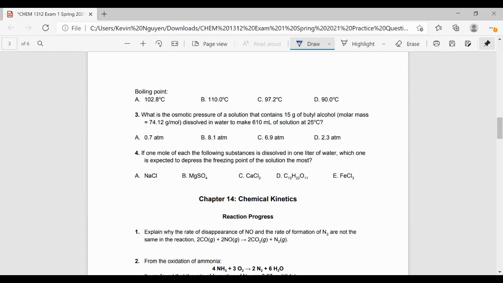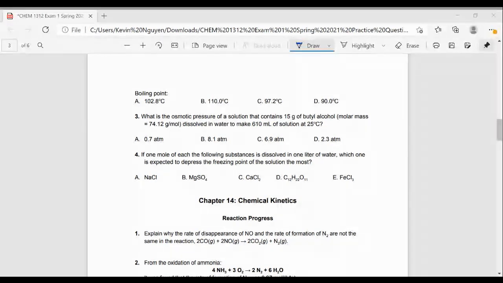So for number 3, you want to convert the 25 degrees Celsius to 298.15. Is that correct? Or 25 plus 273.15. Yeah, 298.15 Kelvin.